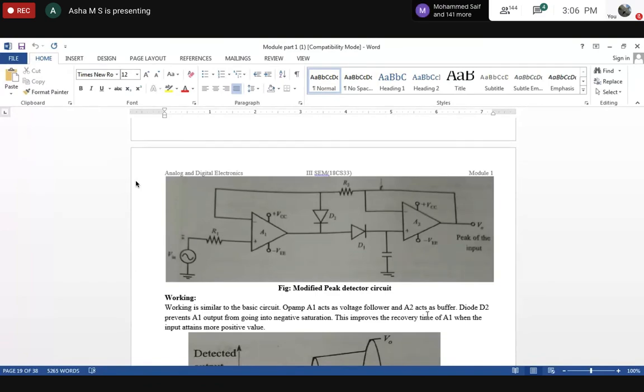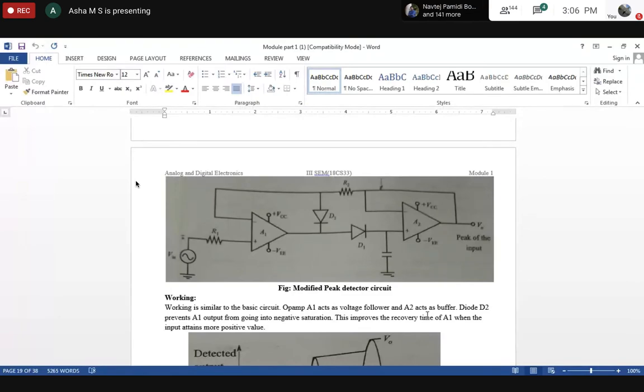So that is nothing but a load. If you want a real application, the circuit should drive a load. So when a load is connected to your simplified circuit, what is the main heart of the logic of this particular circuit?